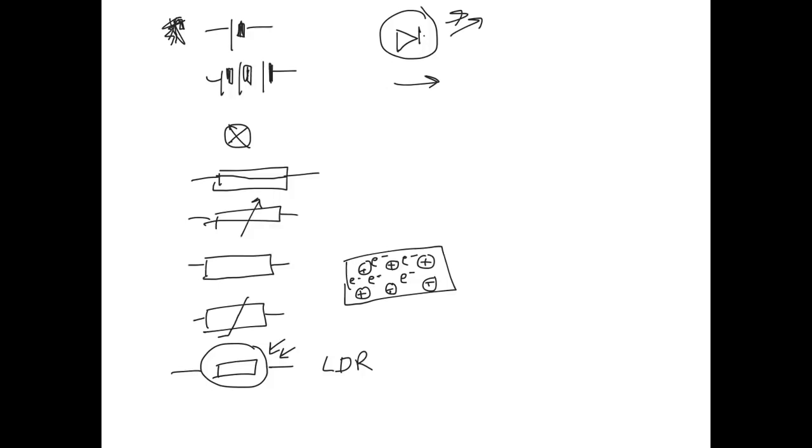Right, have I forgotten anything? The simple things like the wire, just looks like that. A switch looks like this. That's an open switch. This is a closed switch, so obviously when it's open, the current can't flow because the circuit isn't complete. You have things like that, which is a voltmeter, and what that does is it measures the voltage, otherwise known as potential difference, of the circuit.